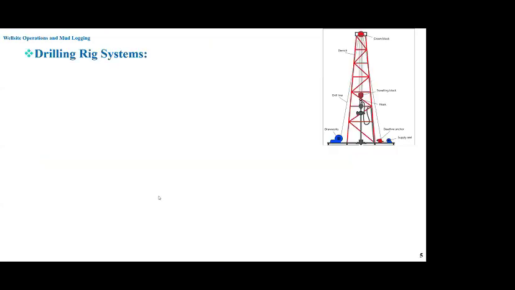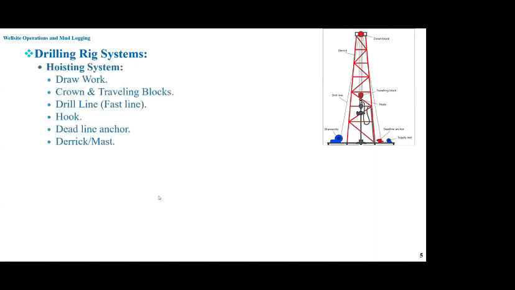For the rig systems, we start with the hoisting system, which consists of crown block and traveling block. And the most important part, which serves as the beating heart of hoisting system, is the drawwork.